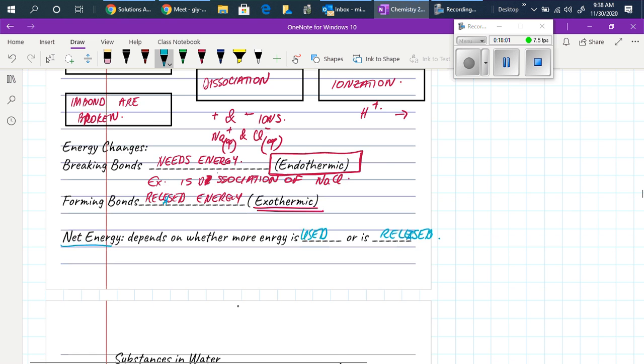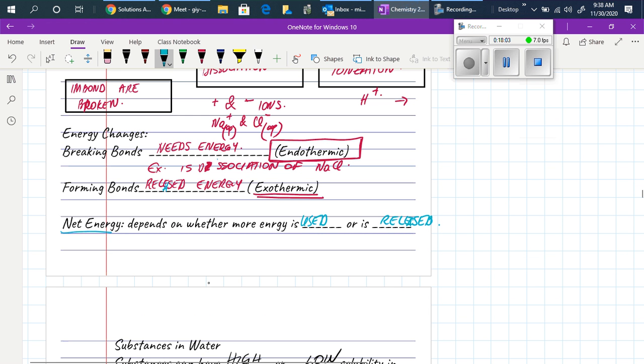So now what we have is that the energy to break the bond plus the energy to form the bond will give us the net energy.